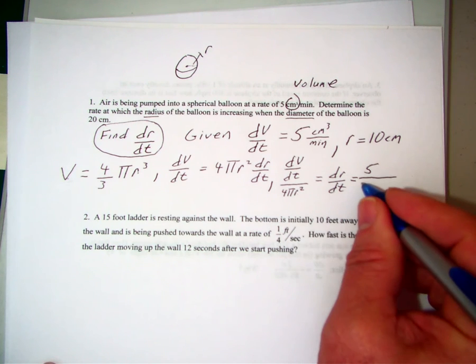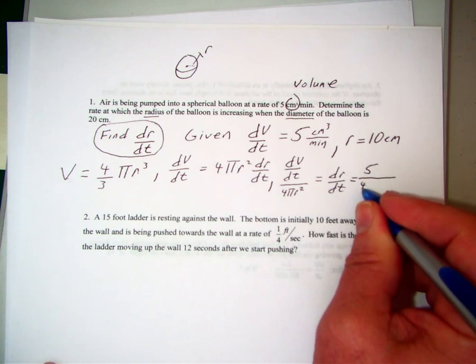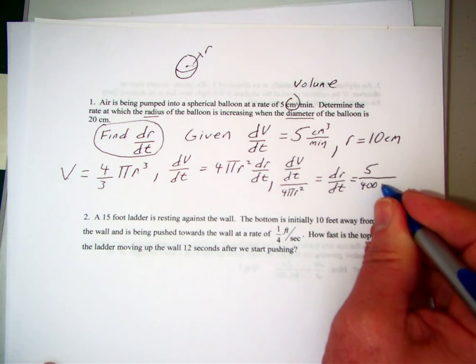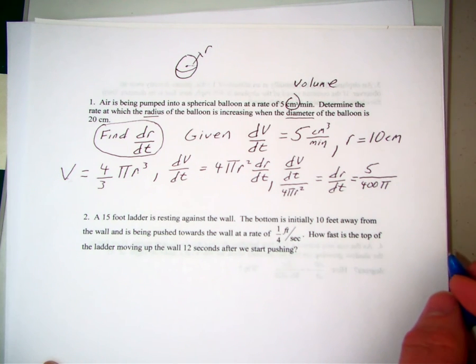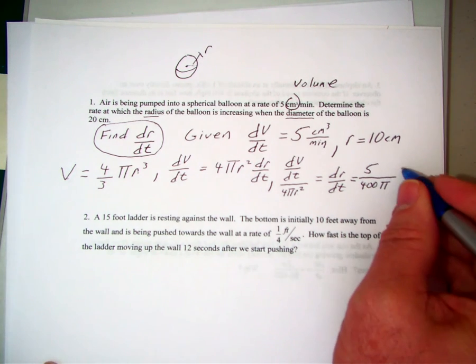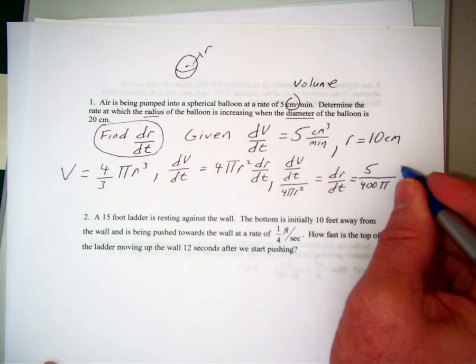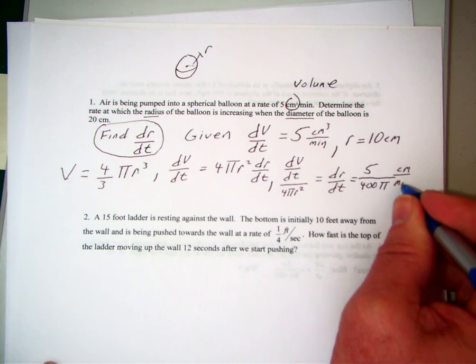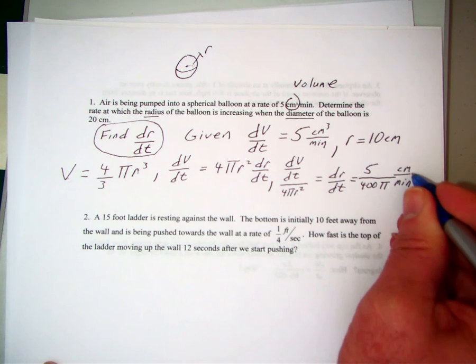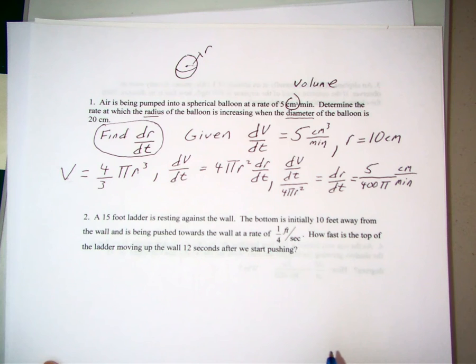So this would be 5 over 400 pi. Okay. Now again, you can verify yourself, but this does come out to centimeters per second. Okay, or centimeters per minute, excuse me. And I'm not going to go through that, it's just kind of cumbersome, but the units naturally cancel for you. And again, you can verify that on your own, but I'm not going to hold you responsible for that.